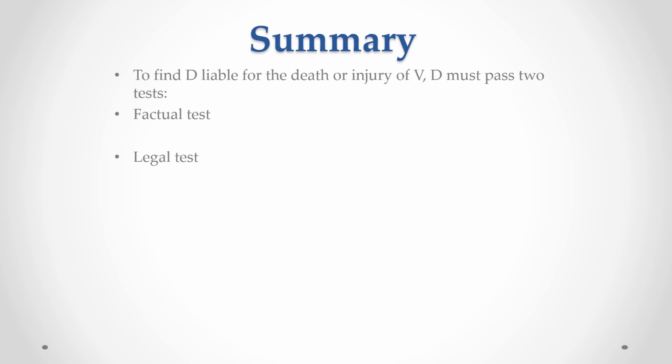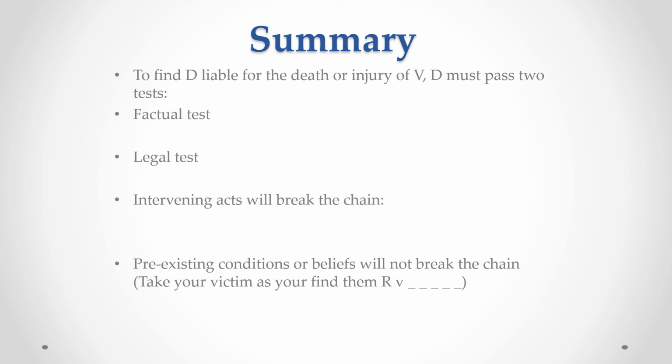So I'm going to put up a summary slide here, and what you should do is take some time to complete it. Write in the factual test, use one of the supporting cases, write in the legal test and cite the supporting case there. You could put those cases in brackets after the test. Write out the intervening acts with a case for each. There are some other really interesting intervening acts cases online.